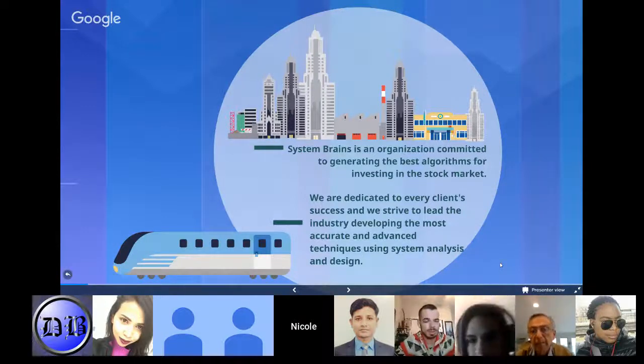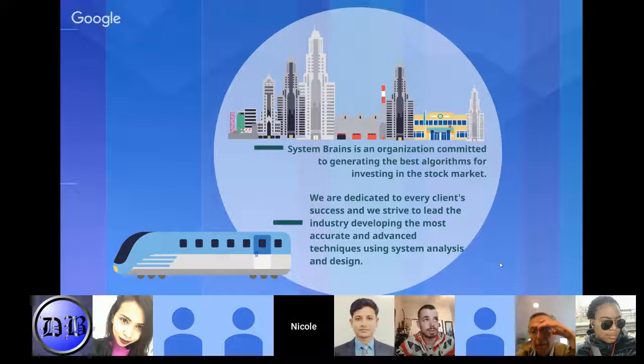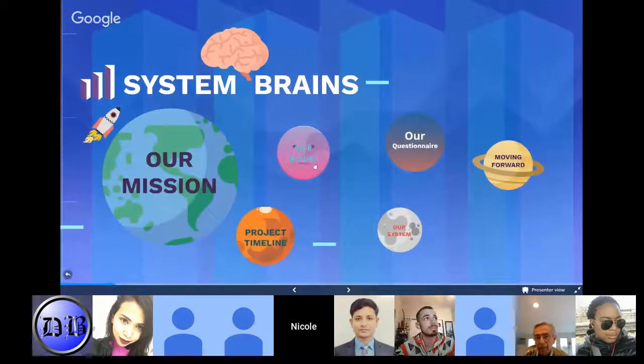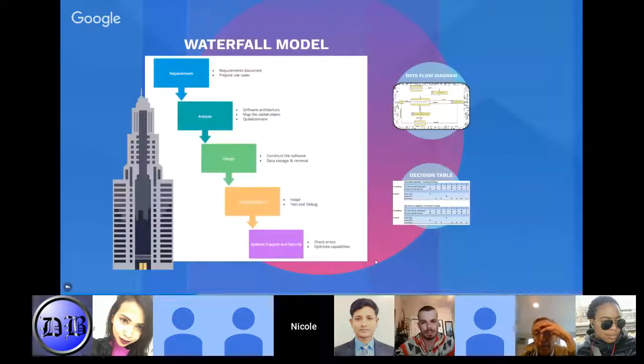We're always dedicated to having successful clients, and we strive to lead the industry developing these accurate and new algorithms using various techniques of system analysis and design. Our team used the waterfall method throughout the design of our systems, but I guess our other members can talk to you more about that.